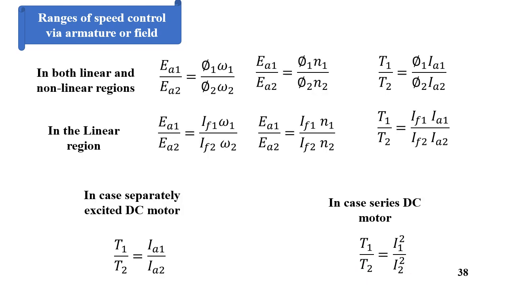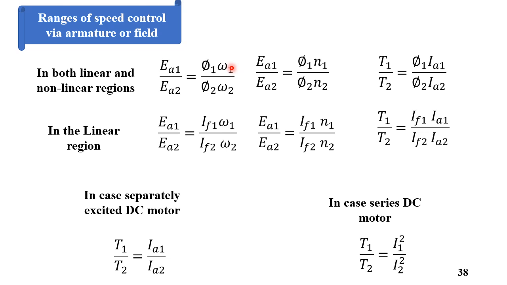For the ranges of speed control, we have the ratio between EA at conditions phi 1 and omega 1, divided by EA at different conditions, phi 2 omega 2. If we need an induced EMF at a different condition, we can substitute in this equation for linear and nonlinear regions.